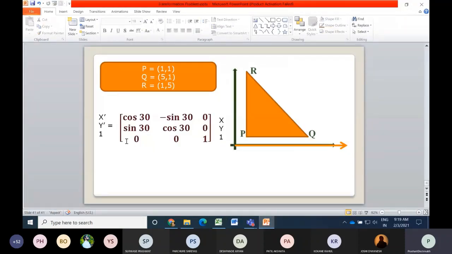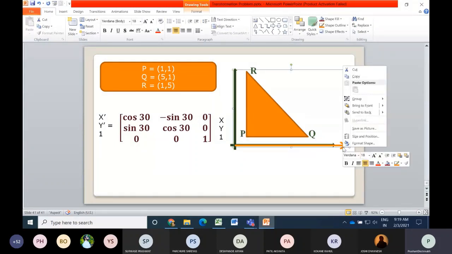Now, in this problem, we want to rotate about this point P, or Q or R, depending. So what will happen when we want to rotate about this point P? After rotation, this point P should be at its own position.